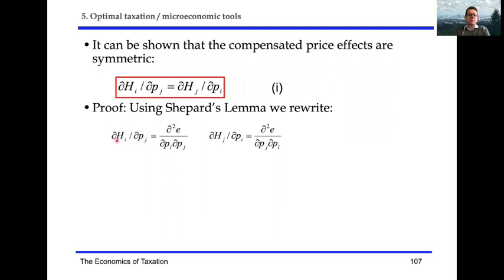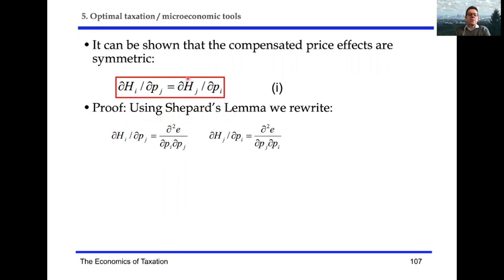It is the derivative of compensated demand with respect to the price pj. So on the right-hand side, we have to take that second derivative as well. So we differentiate the expenditure function twice. First, with respect to pi to get demand. And secondly, with respect to pj to get this derivative. So with the help of Shephard's lemma, we've rewritten the left-hand side as this.